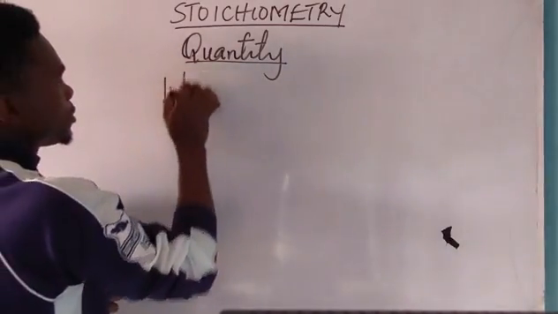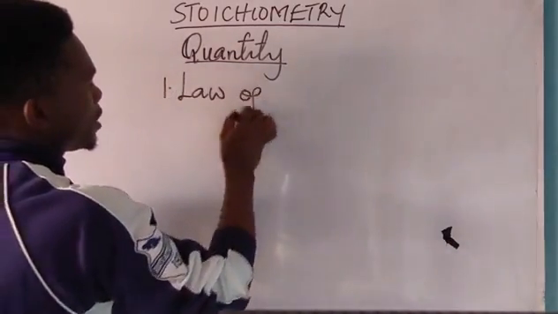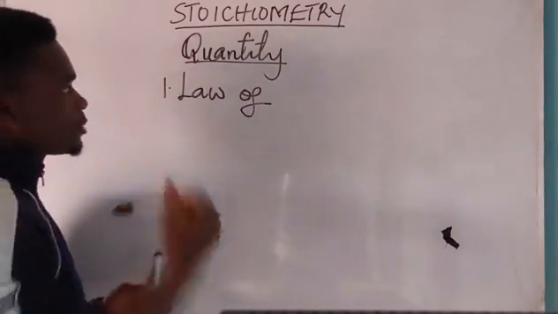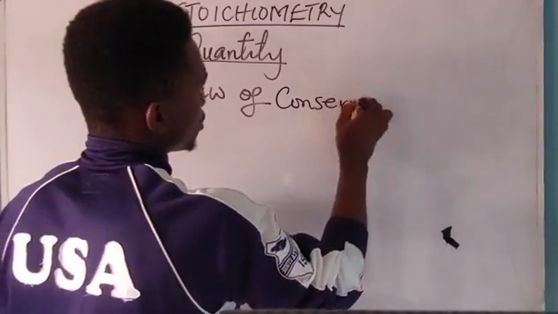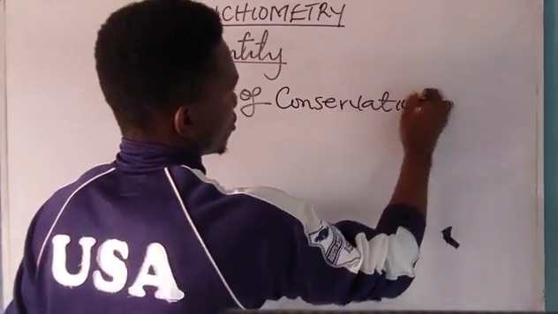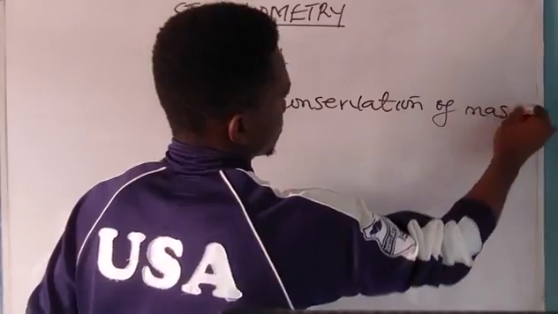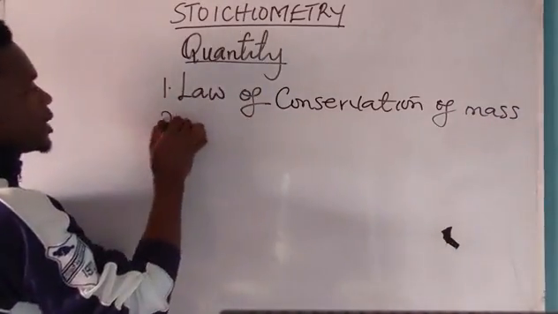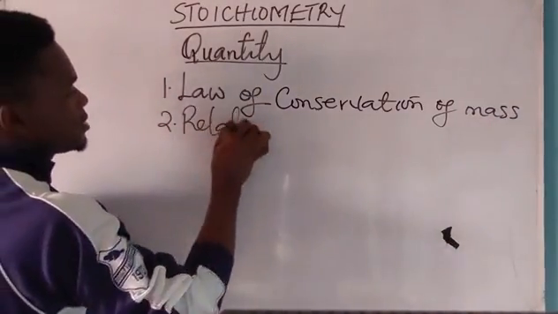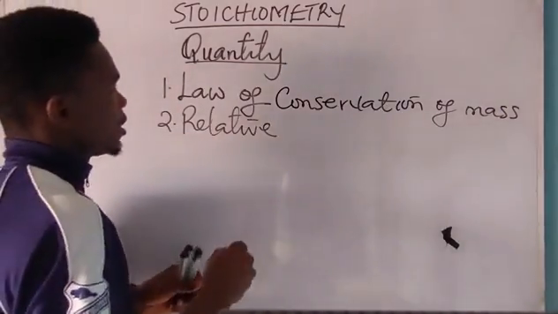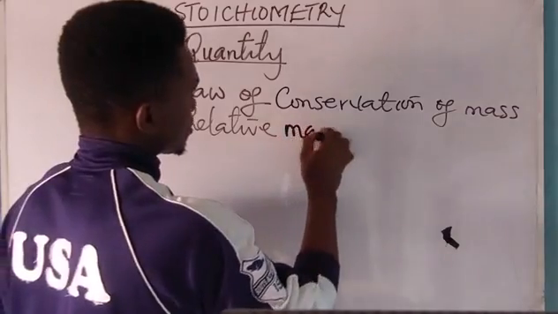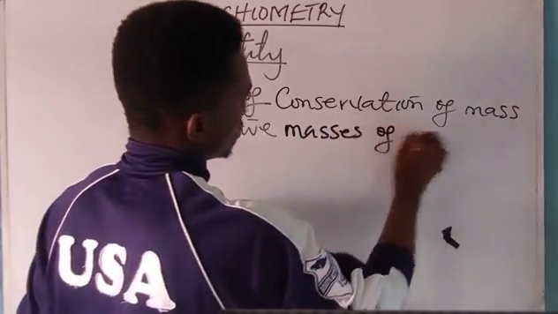Now, stoichiometry depends on three criteria. The first one is the law of conservation of mass. The second one is the relative masses of atoms.